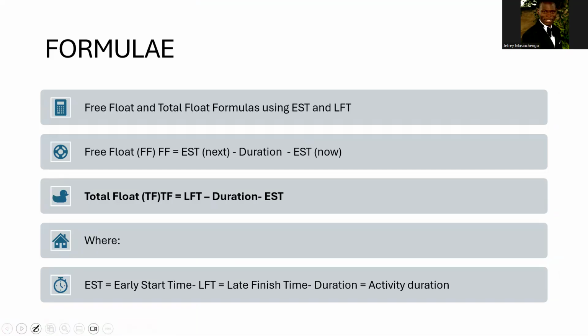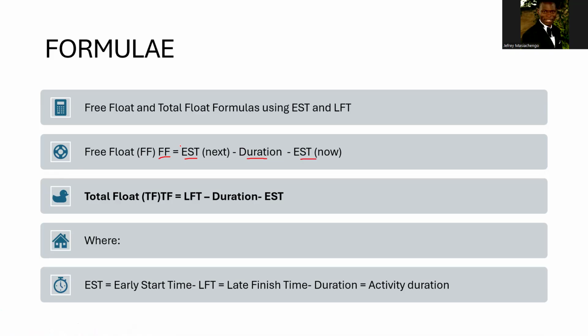According to the Cambridge syllabus, we are expected to know the formulas. They are not provided like in math. So let's understand the formula. Free float, these are two F's. To calculate free float, you say the EST, the earliest start time of the next activity, minus duration, minus EST.